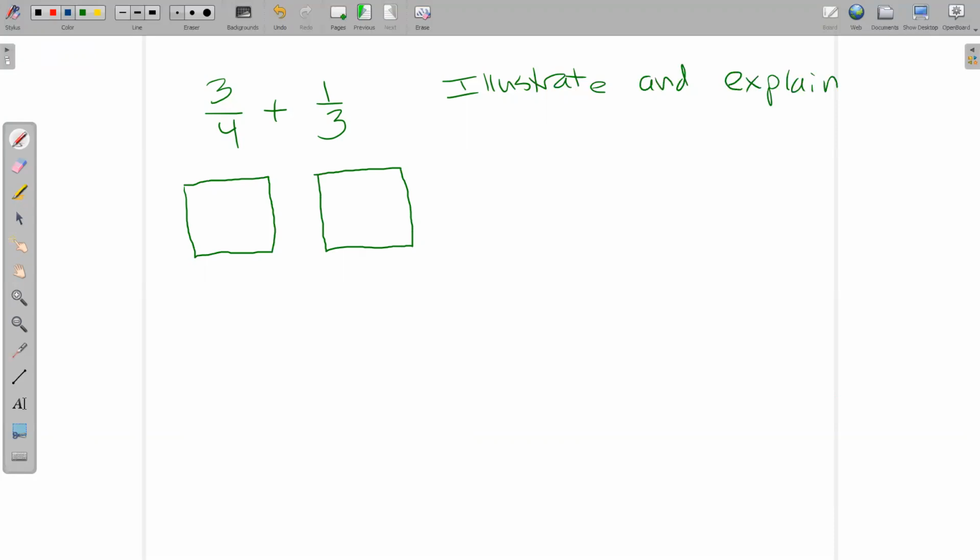So the fourths, let's say I'm going to go vertical. And anytime I have an even number, I usually cut in half and then do whatever I need to next. So these are my fourths. And my thirds, it doesn't look too bad. I'm going to go the other direction. Not too bad.